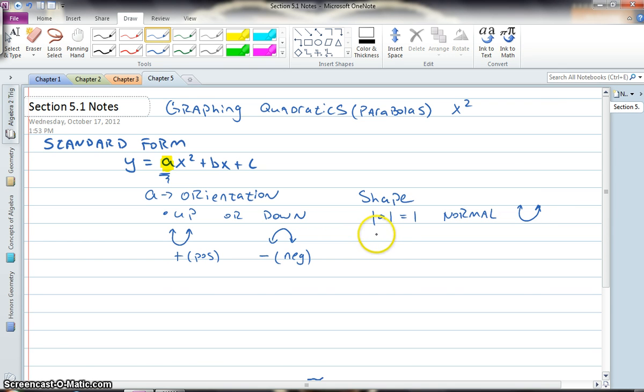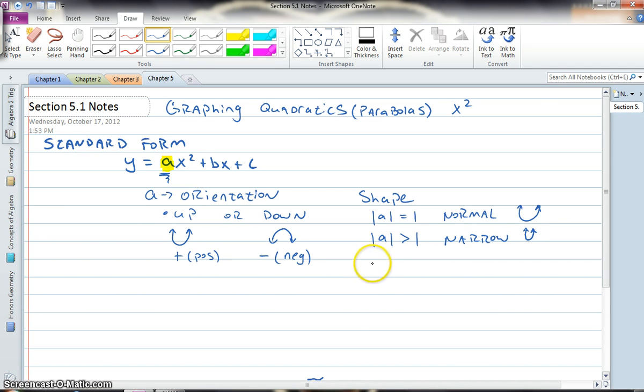All right, now in the event your a value, absolute value of a, is bigger than 1, so if it's 2 or negative 2 or negative 4 or 1 million, that causes our graph to be very narrow. So in a sense, our U would be skinnier. It would rise faster.